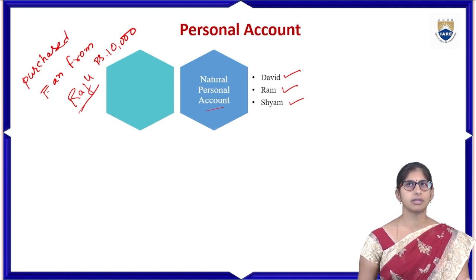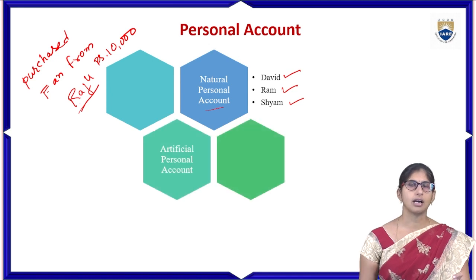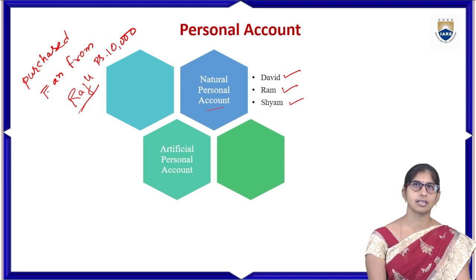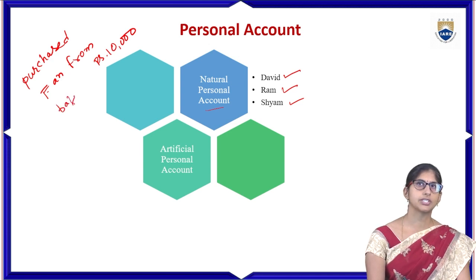Now going on with the second type of personal account item, the artificial personal account. What are artificial personal accounts? For example, with the same example, instead of Raju, I'll write that I have purchased from Bajaj company.